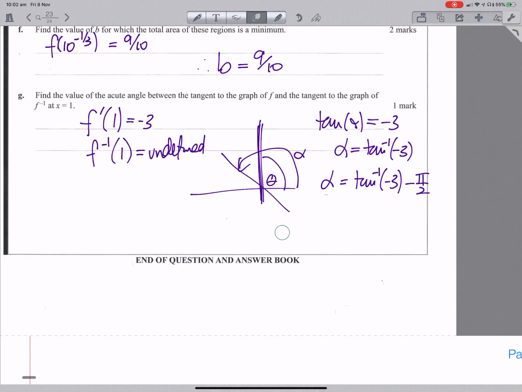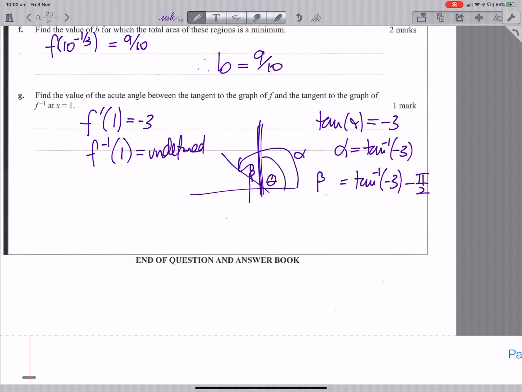I'm sure that'll be fine as an answer. We also know that, no, alpha is that. The angle between them, let's call that beta. Beta is equal to tan inverse of -3 minus pi on 2.